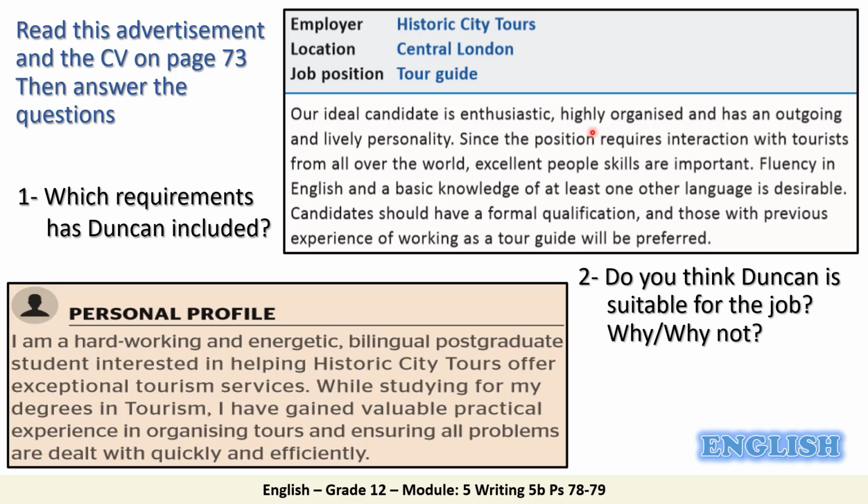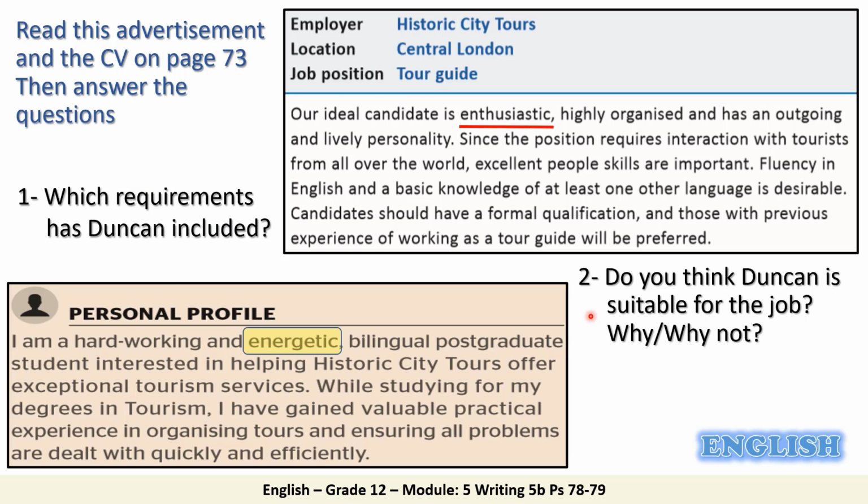In response to this advertisement, Duncan has included some of these requirements. What are they? Please underline them, okay? And the second question is, do you think Duncan is suitable for the job? Why and why not? Once you have finished, please continue. Now, are you ready? Okay.